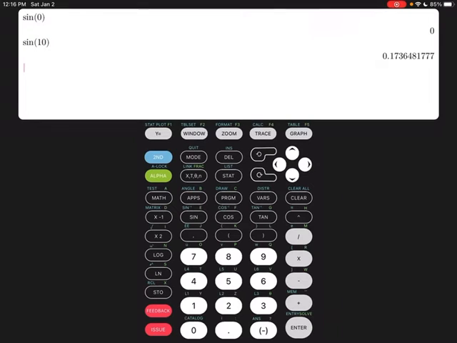Sine of 10 is an irrational number that goes on and on. We're just going to write the first four numbers, 0.1736.